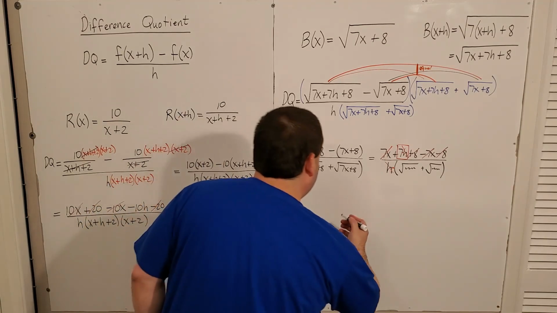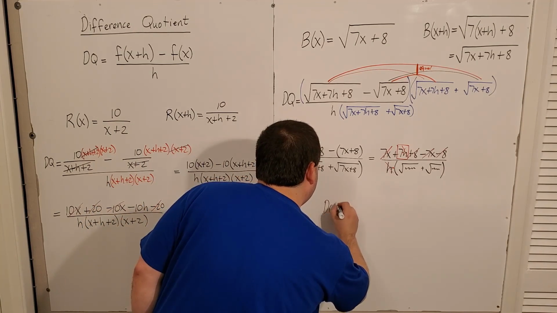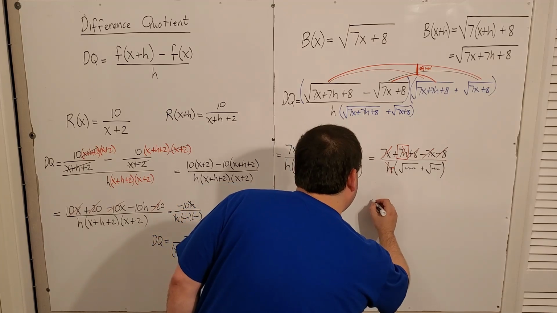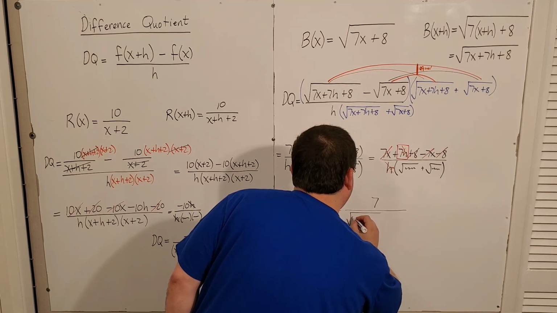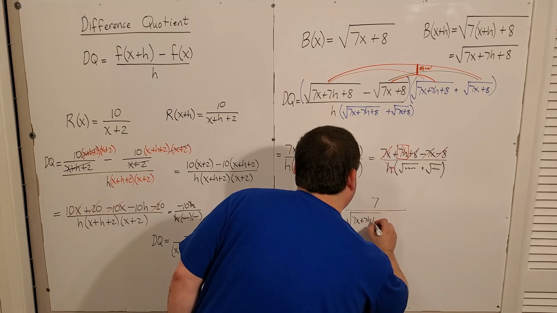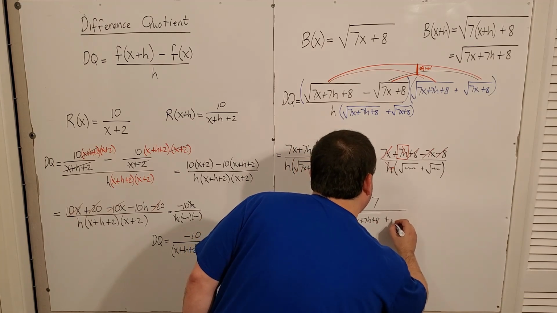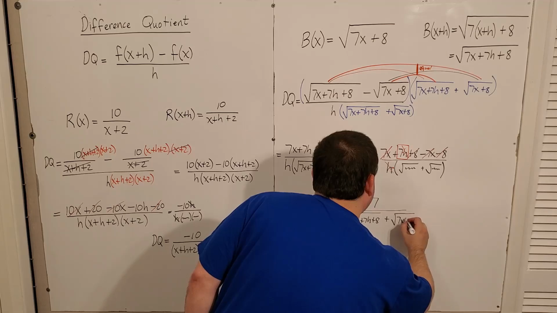So my difference quotient is 7 over the square root of 7x plus 7h plus 8 plus the square root of 7x plus 8.